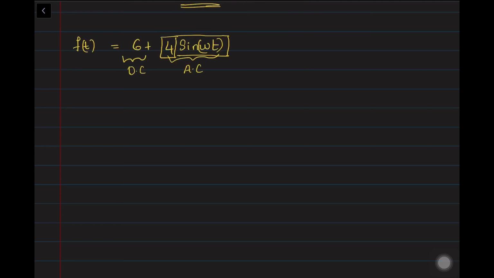So simply, if someone is telling you to draw the graph of 4 sine omega t, how will you draw? In that case, you will be drawing a y-axis, x-axis, and you will be drawing an alternating current just like that. And you will mark this amplitude as 4. And since it is a sinusoidal function, this is 4 sine omega t.